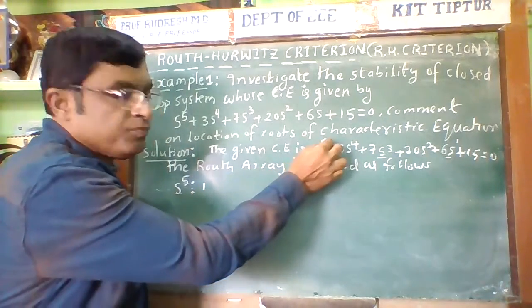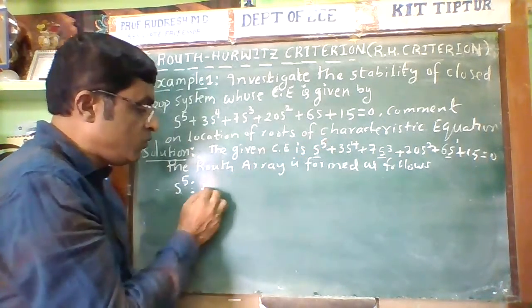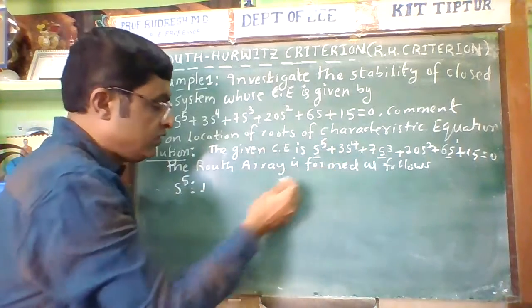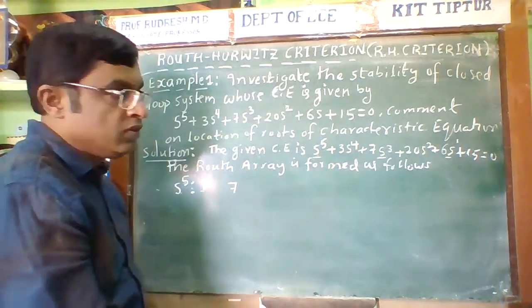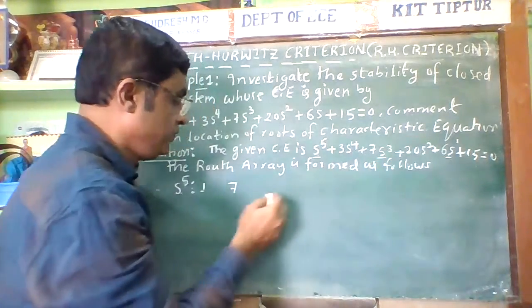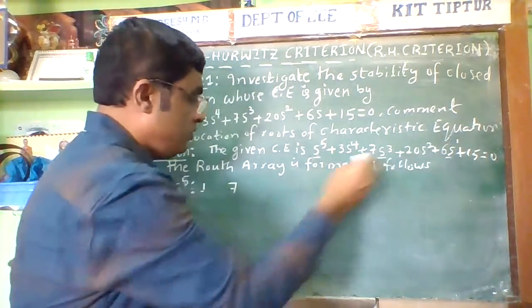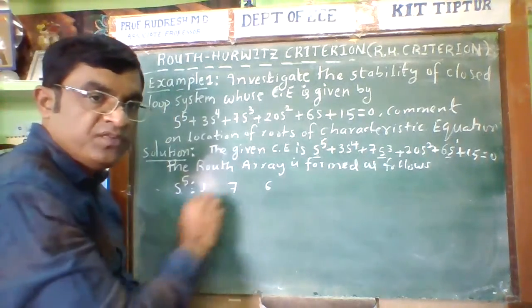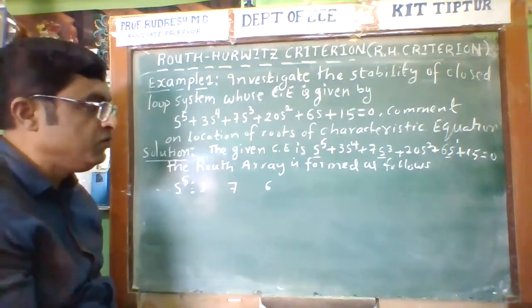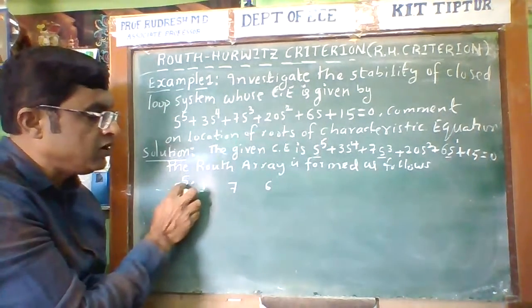The coefficient of S power 5 is equal to 1. The coefficient of S power 3 is equal to 7. The coefficient of S power 1 is equal to 6. So the first row of the Routh array is formed by utilizing the coefficients of odd powers of S.